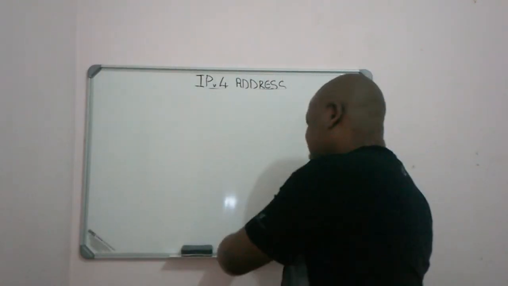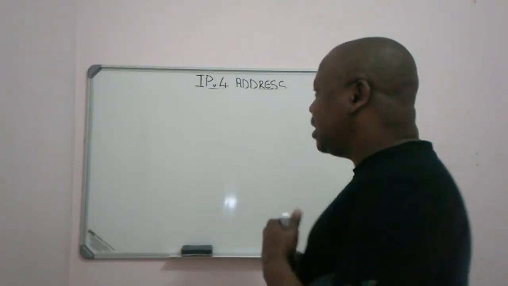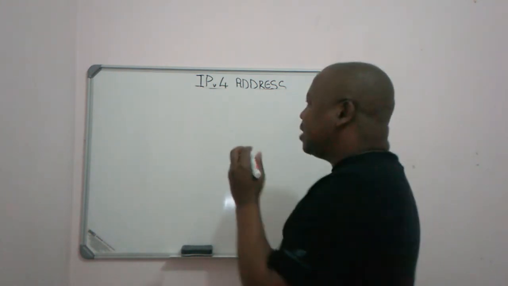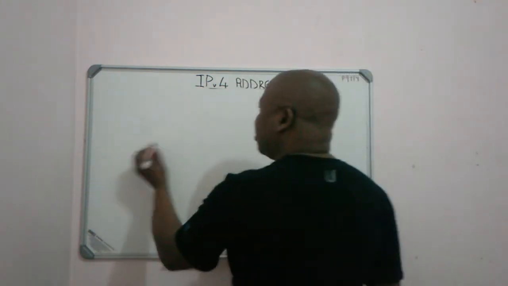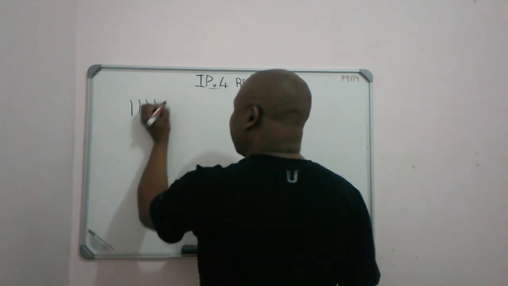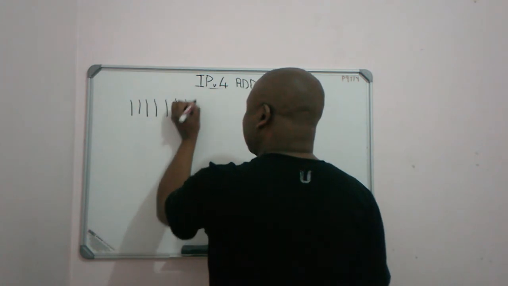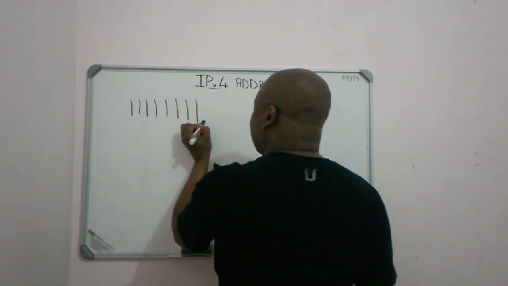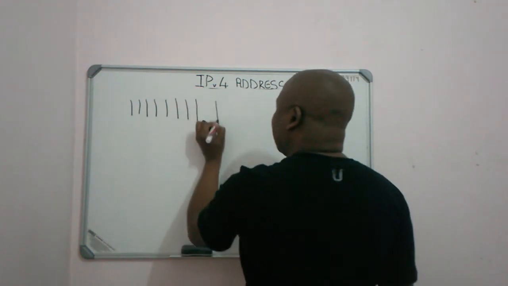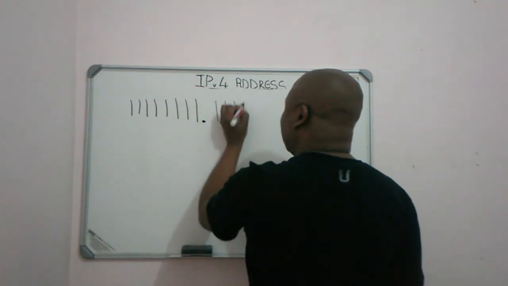And for /12, I just want to make it clear for you. We have 1, 2, 3, 4, 5, 6, 7, 8. That's our first octet. 9, 10, 11, 12.